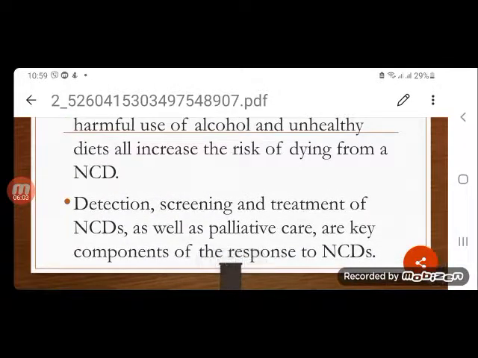This lecture is an introduction to NCD. You should know the risk factors. You should know the rank of the deaths and the percent of NCD deaths according to all deaths in the world. And you should know there are two types of risk factor, modifiable and unmodifiable.